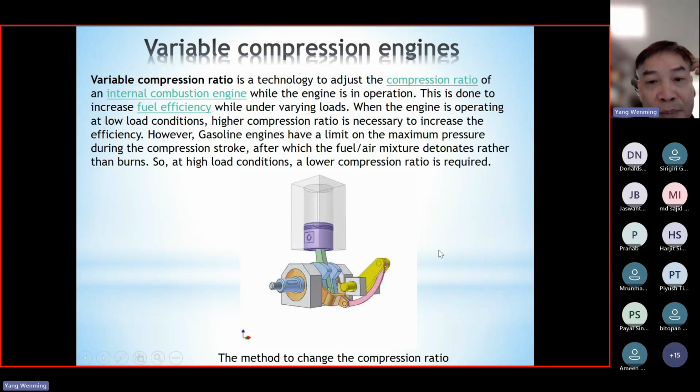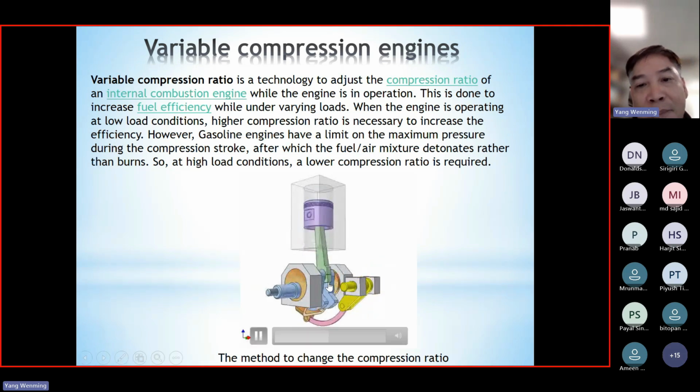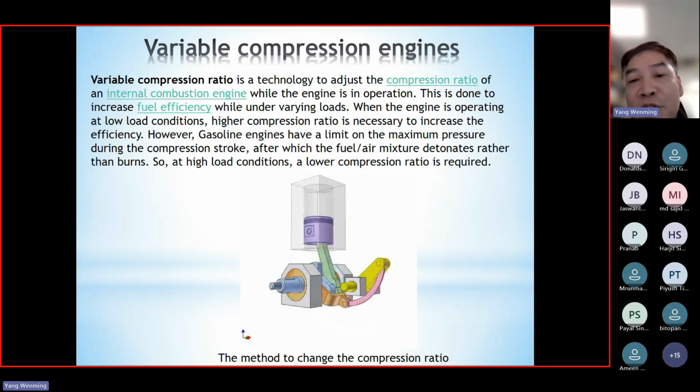So here we show you how to change the compression ratio. We can see we can adjust the head of the crankshaft, thereby adjusting the compression ratio, correct? By adjusting the head of the crankshaft, we can control the compression ratio.